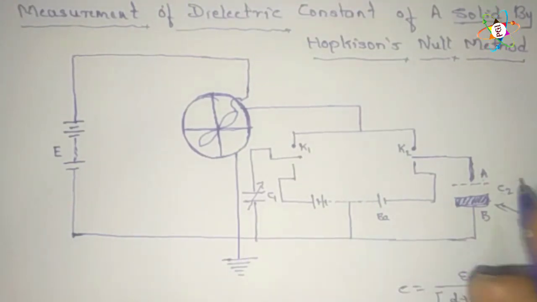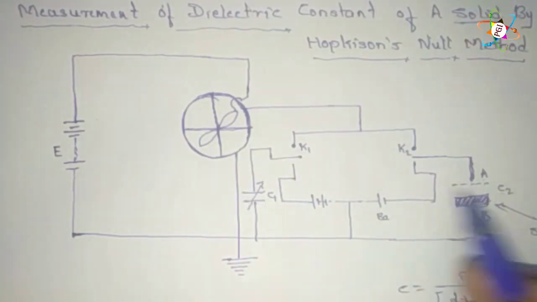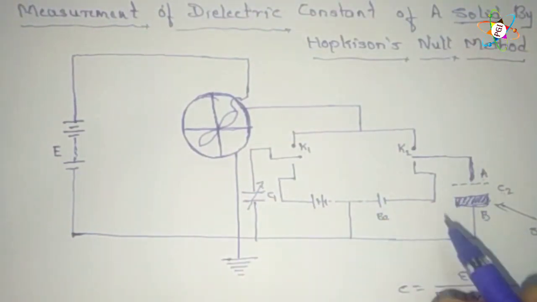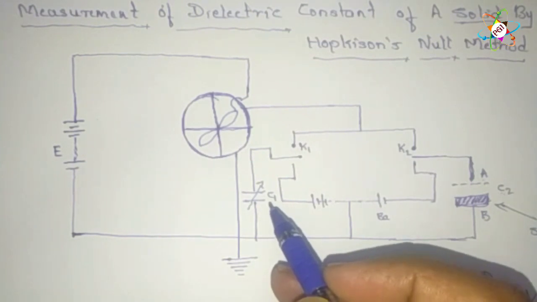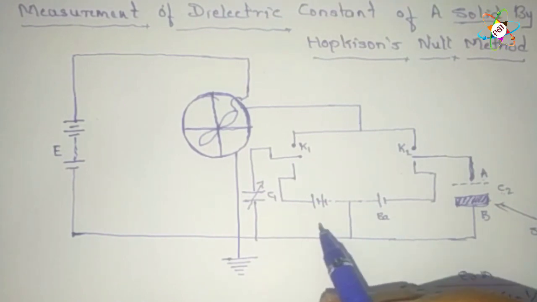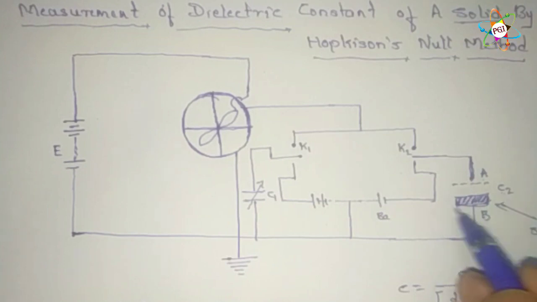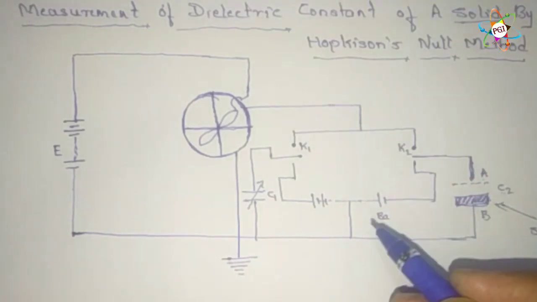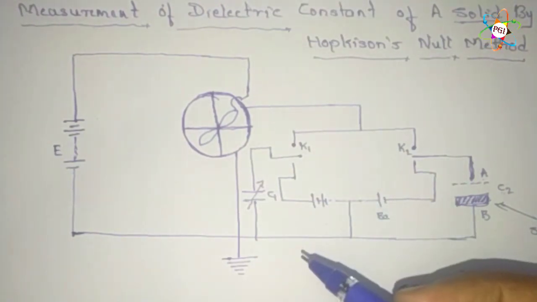Hence the capacity of this condenser can be increased or decreased, by increasing or decreasing the area of overlap. If the area of overlap increases or decreases, then the capacitance increases or decreases.